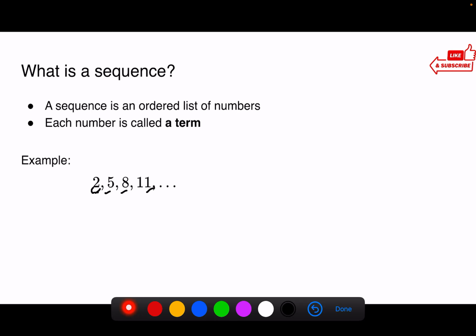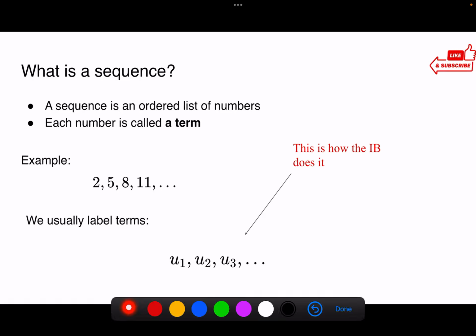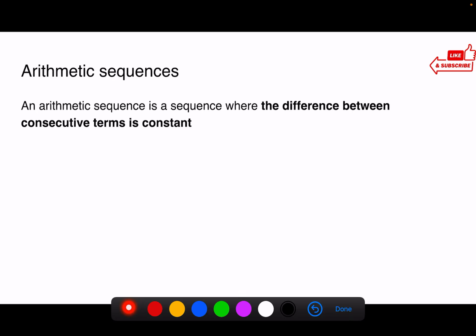So 2 would be the first term, 5 would be the second term, 8 would be the third, 11 would be the fourth. We usually label terms with this notation right here: u sub 1, u sub 2, u sub 3, etc. And this is how the IB does it, so this is how you'll see it show up in your paper 1s and paper 2s.